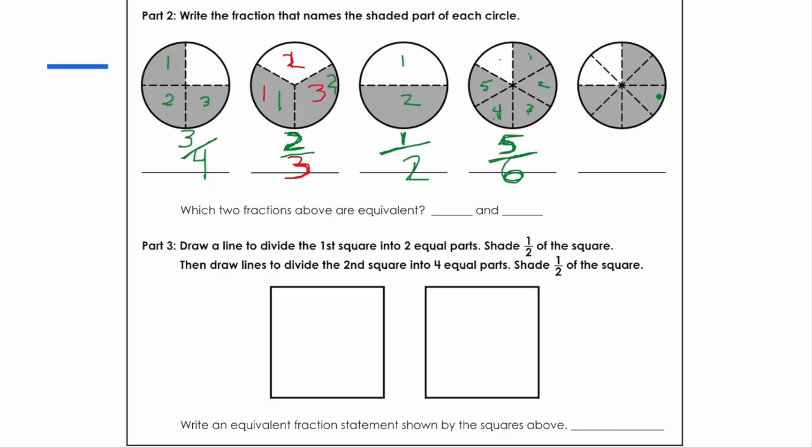Final one. Let's look at it. Woo! We want to know the denominator, the total number of pieces. So we're counting. 1, 2, 3, 4, 5, 6, 7, 8. 8 total pieces.